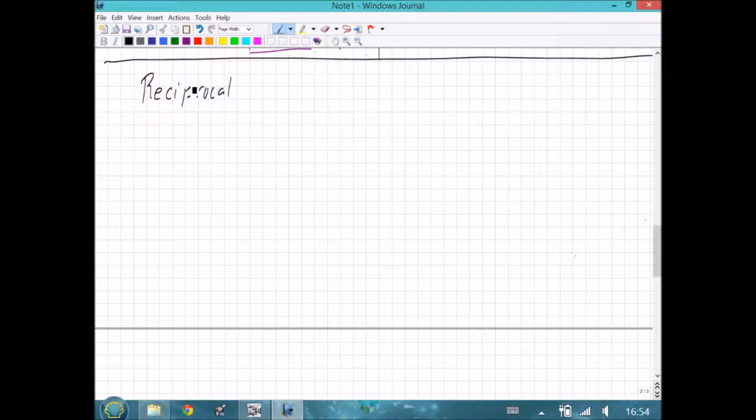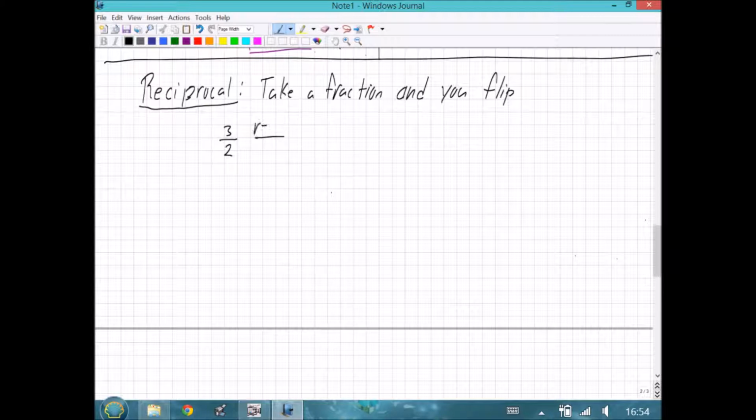Reciprocal. Okay, well, Mr. O'Neill, of course, can't spell, but that's okay. The reciprocal is when you take a fraction and you flip it. For an example, if I saw 3/2, the reciprocal would be 2/3.